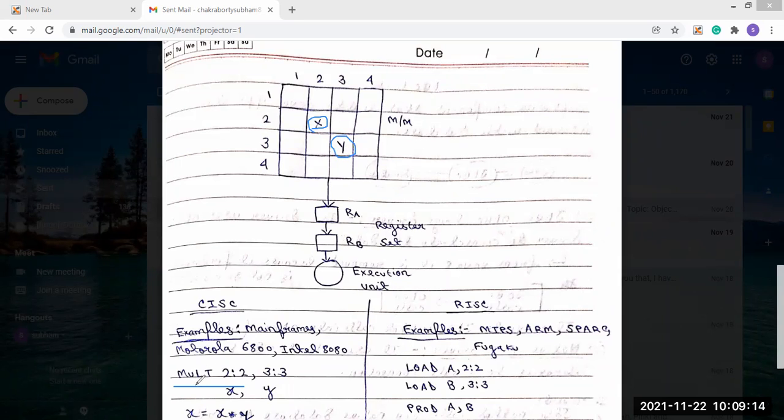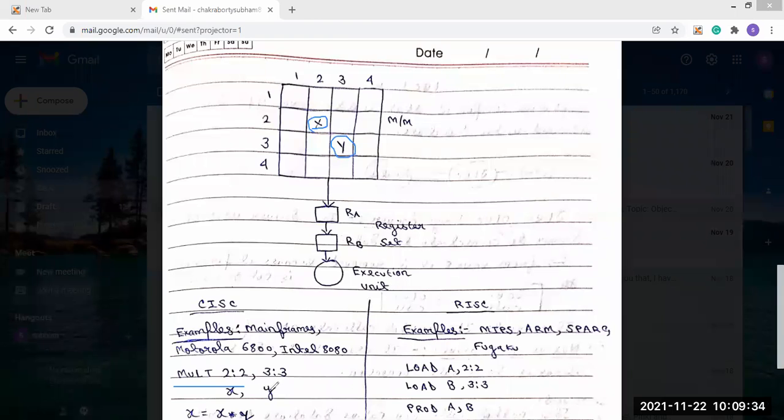So whenever we write this instruction MULT 2:2, 3:3, what does it mean? What value is present in 2:2? X. And in 3:3, the Y value is present.